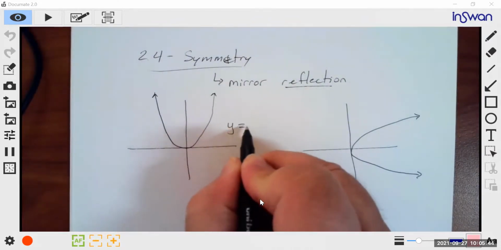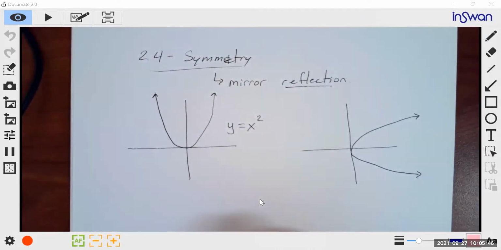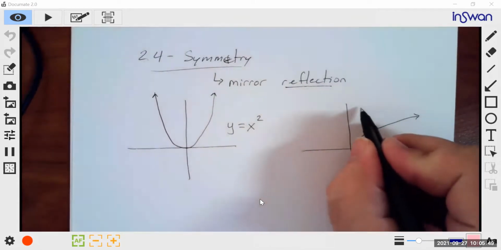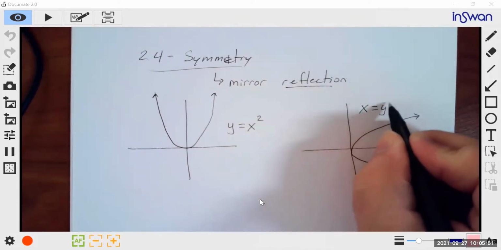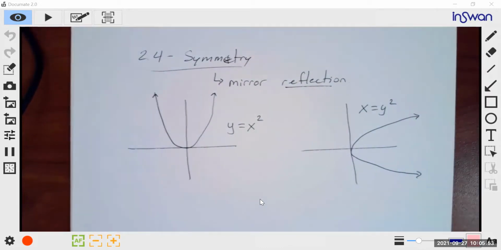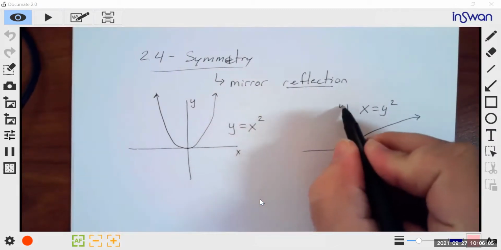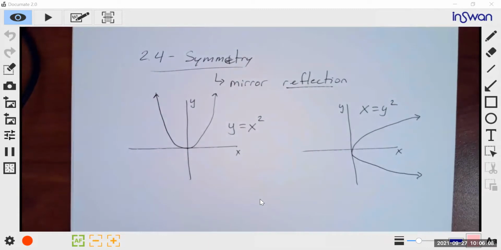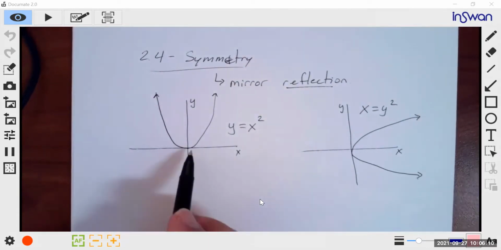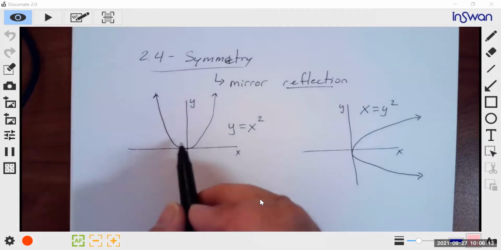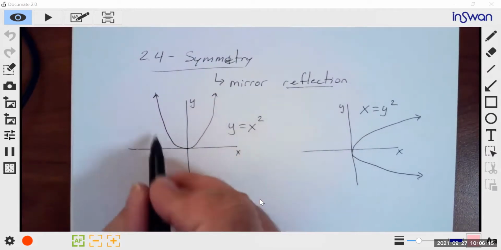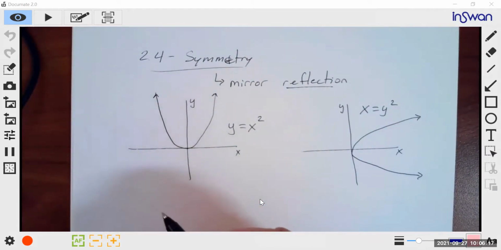This is a quadratic equation, y equals x squared. This one is x equals y squared. Here's the y-axis. Here's the x-axis. This one, because you look at the right-hand side, it's mirrored by the left-hand side.